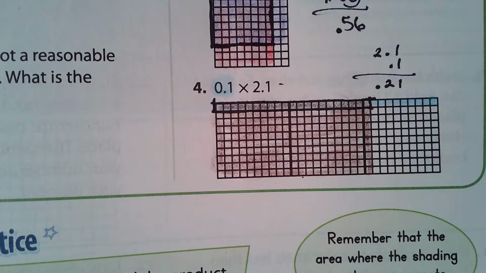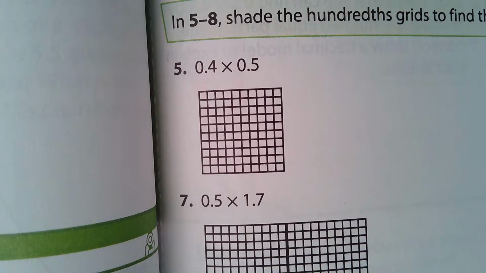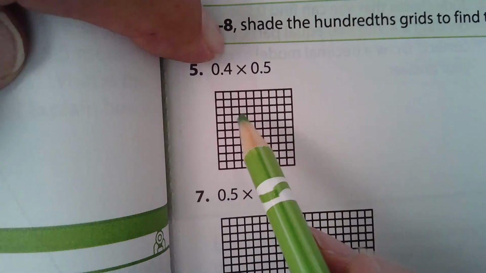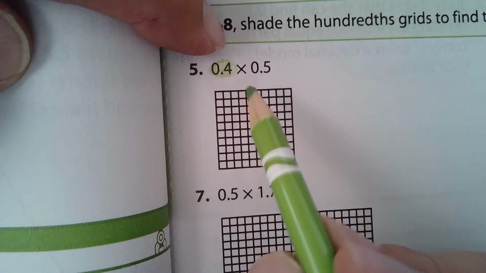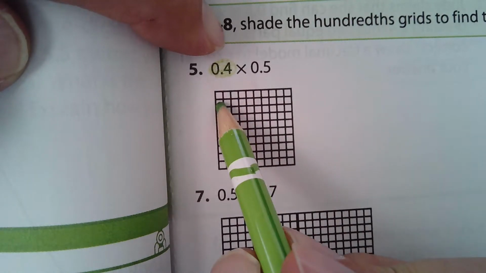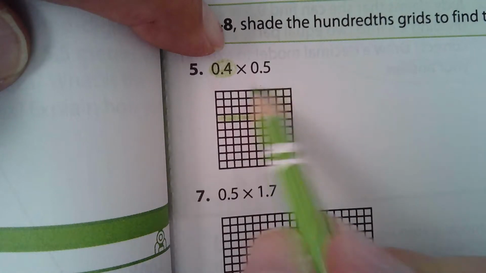Let's do a couple more. I'm looking at number 5 here. Okay, 0.4. You guys should know by now I'm just going to take 4, 1, 2, 3, 4, going from left to right for starters.